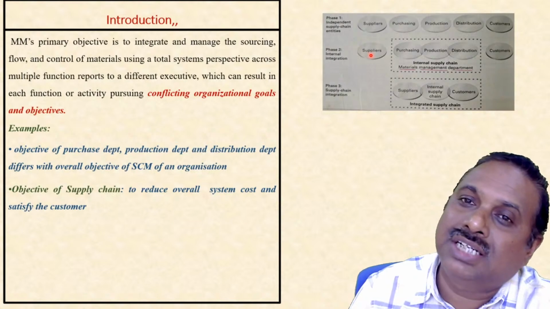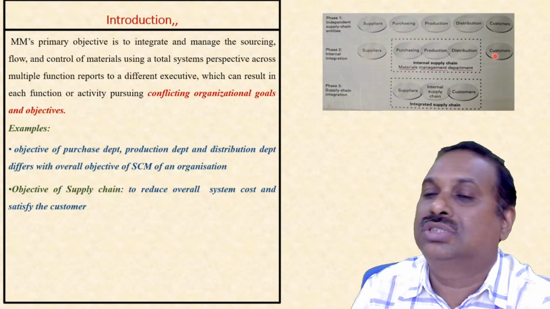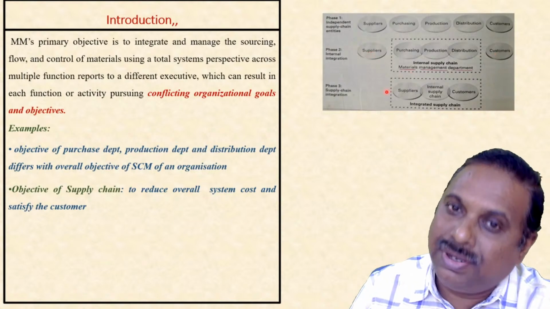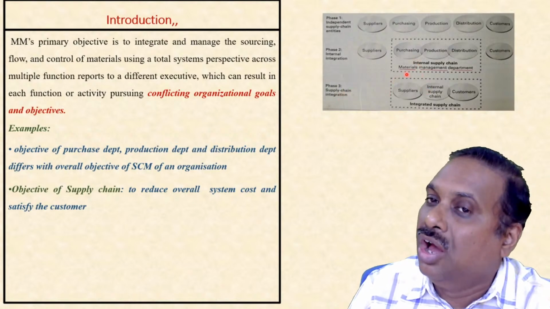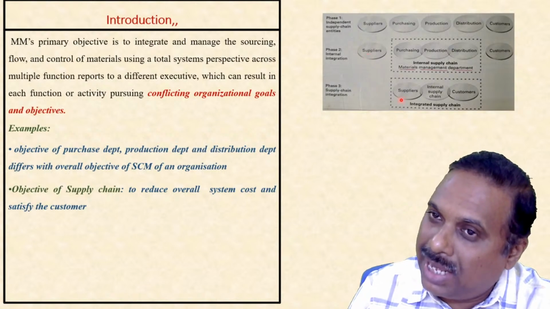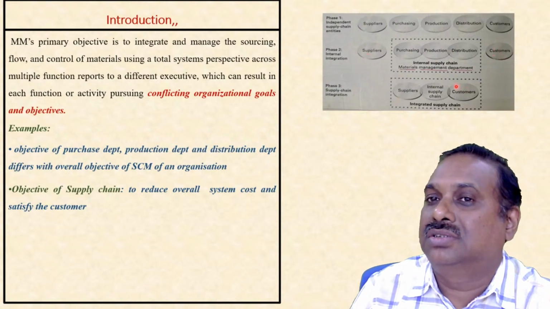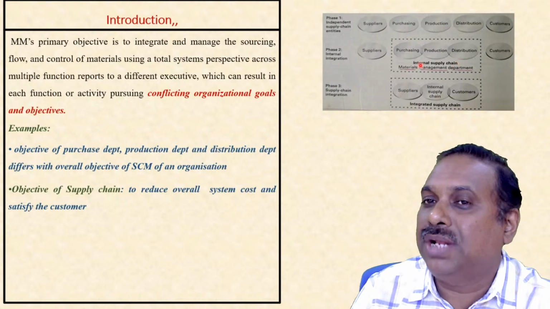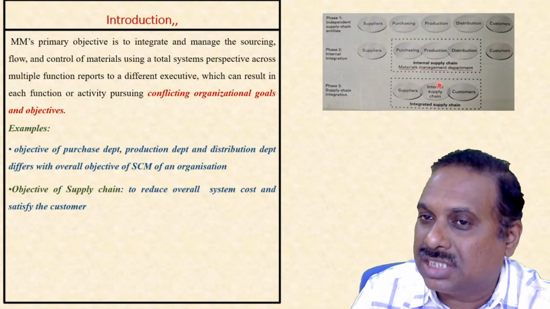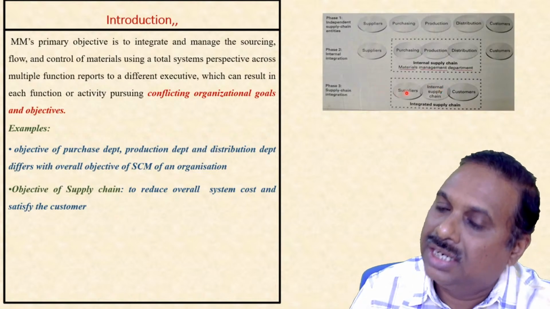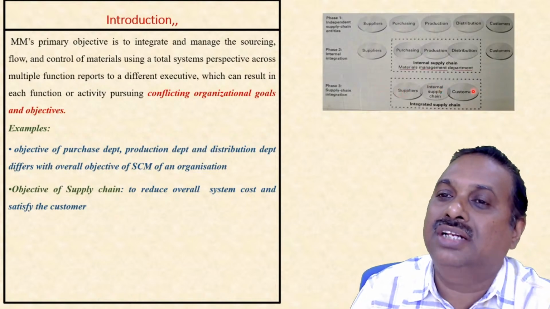But here suppliers are separate, and customers are also separate. In the next phase, supply chain integration, we integrate the supplier as well as the customer. So this is the internal supply chain: purchasing, production, distribution. We are now taking in suppliers and customers.